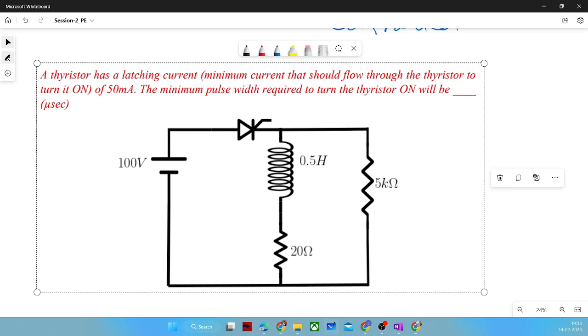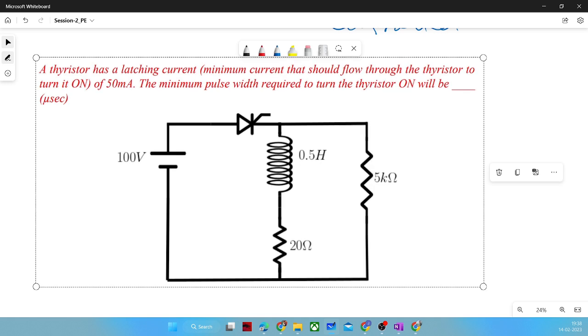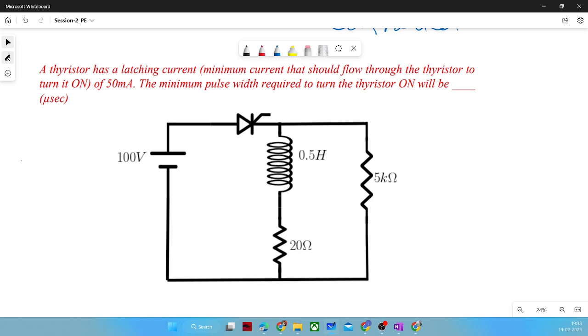How this RL circuit works. So again, the latching current is 50 milliampere. Minimum pulse width you need to find out. So that we will go through.